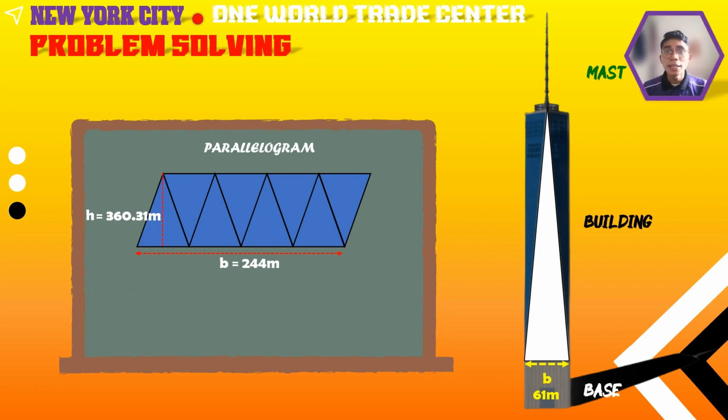And now we can calculate the area of the parallelogram, which equals the base multiplied by the height: 244 meters times 360.31 meters equals 87,915.64 square meters.